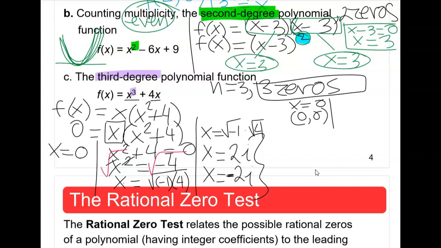We could also say here, if we wanted to write them one at a time, sometimes you might have to separate them with a comma. I'm not sure if WebAssign has that button for a plus minus. So keep in mind that you might have to write one at a time. So positive 2i and negative 2i.